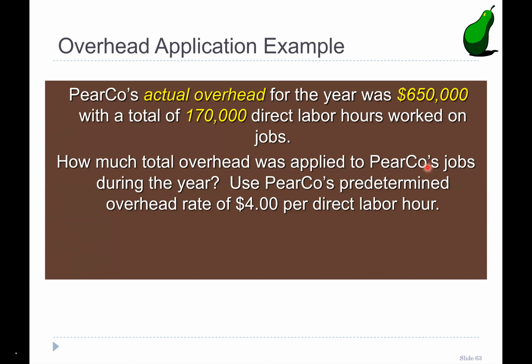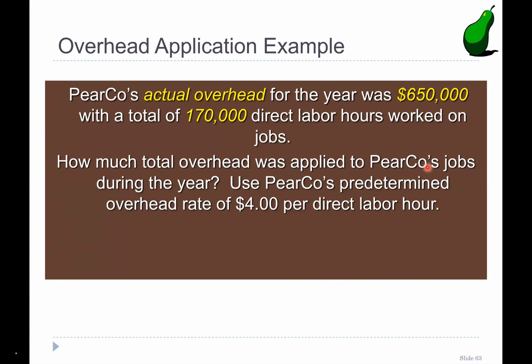Under applied means the amount we charged in our estimation was less, so it will increase our cost. So under applied is going to be added to manufacturing overhead so that we can increase the cost, right?